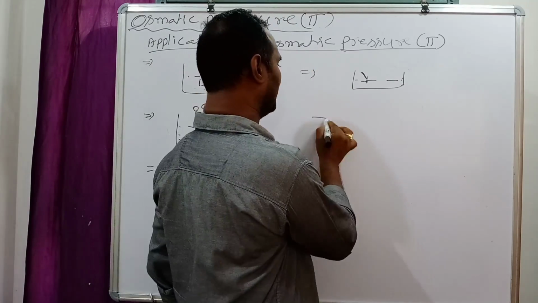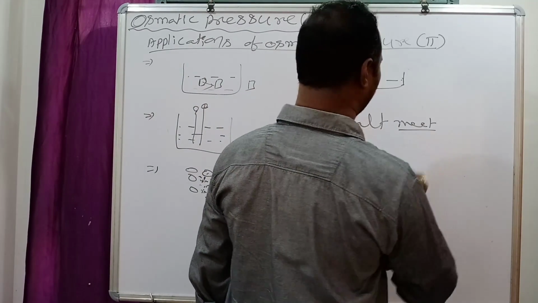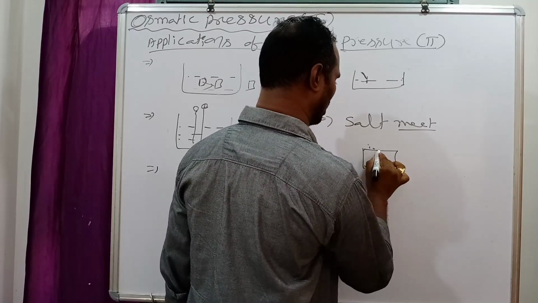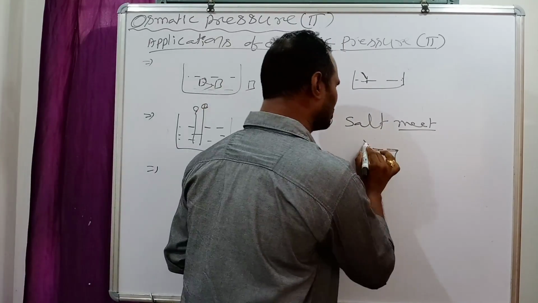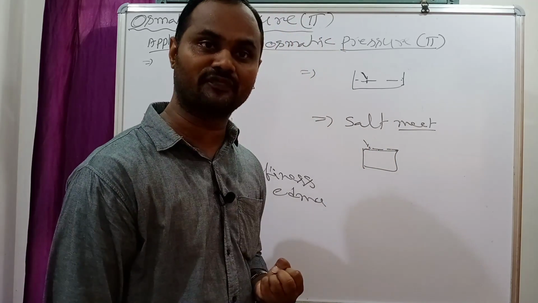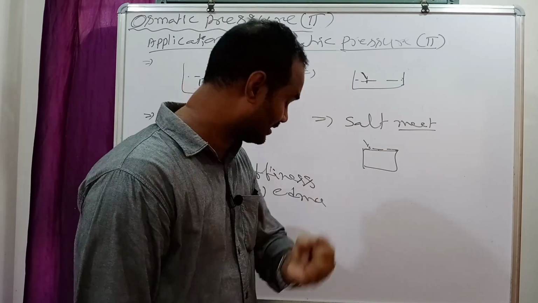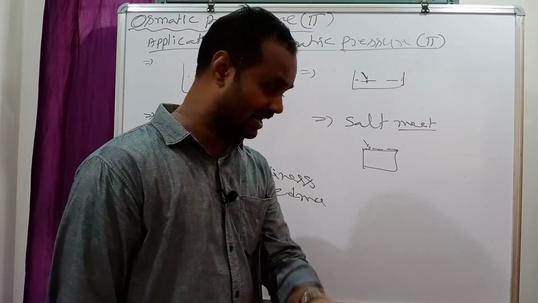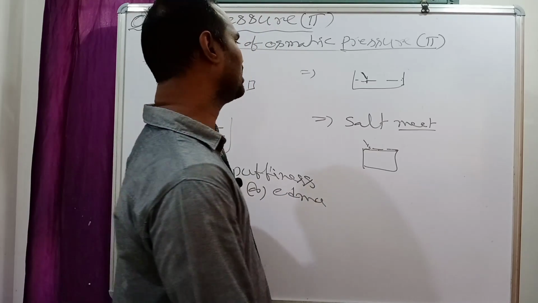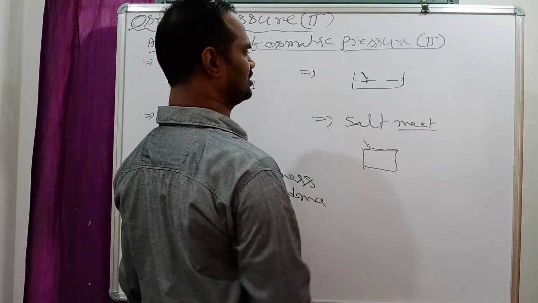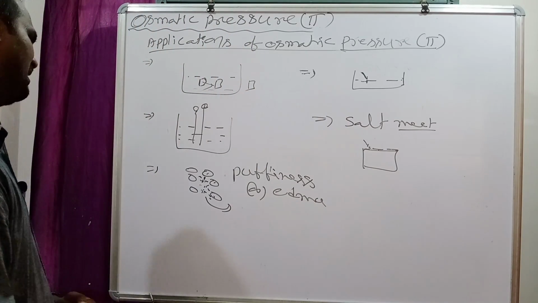Is it clear? And salty meat: on the surface of meat, if the salt concentration is more, what will happen? If bacteria come in contact with the surface, water is absorbed from the bacteria, the bacteria lose water and die. Is it clear? So these are useful in the storage of sweets and storage of salted meat.